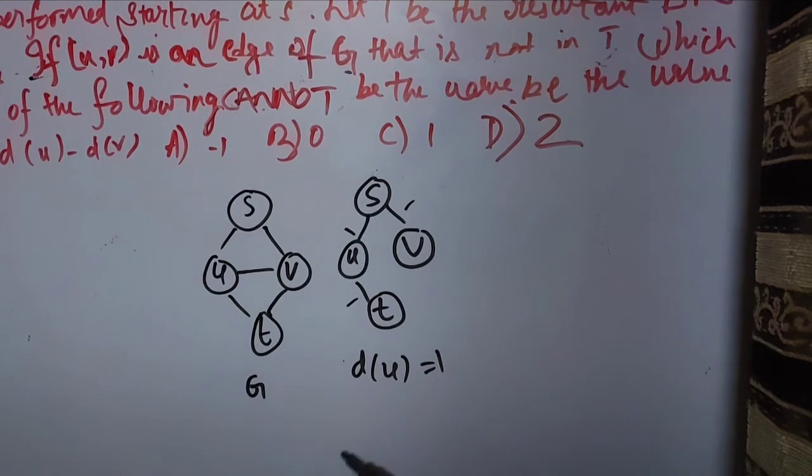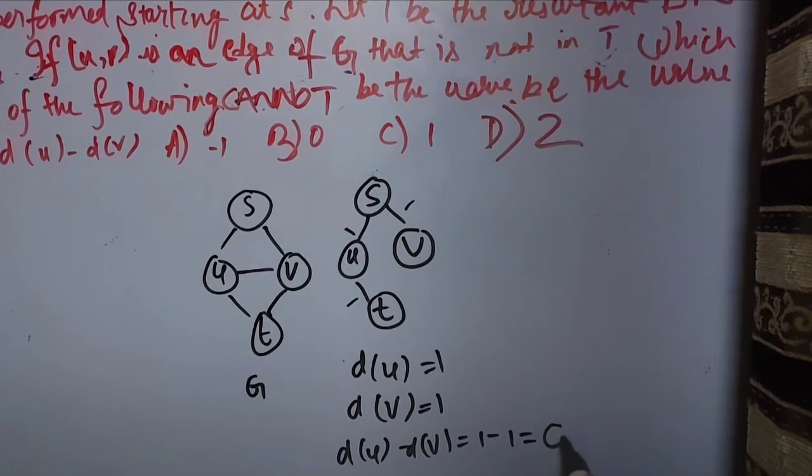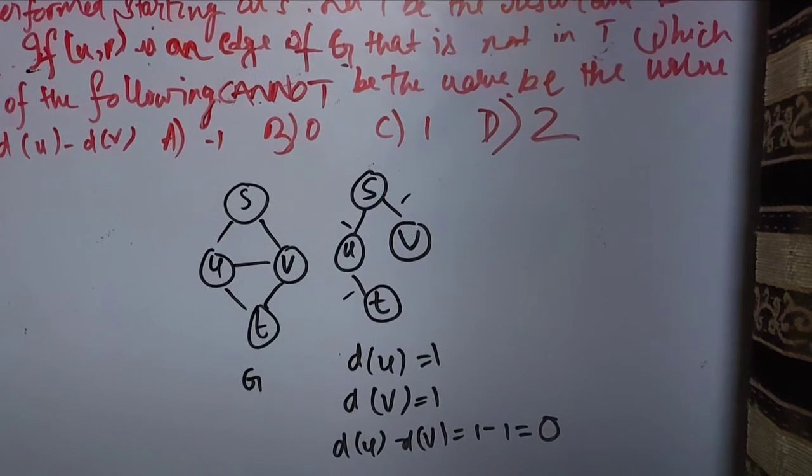If we carry out du minus dv, which is 1 minus 1, it is 0. So 0 can be a possible value, but the question is asking for the value which couldn't be possible, so we cannot take this as our answer.